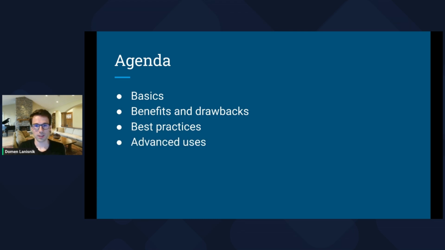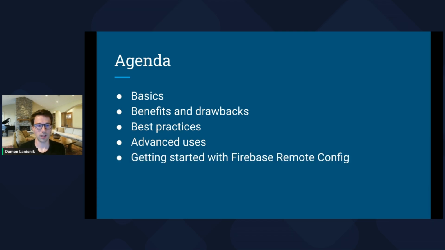Next, we'll check some advanced use cases that you might encounter once you start really adopting them. And in the end, we'll take a look at how we can introduce feature flags to our app with Firebase Remote Config.